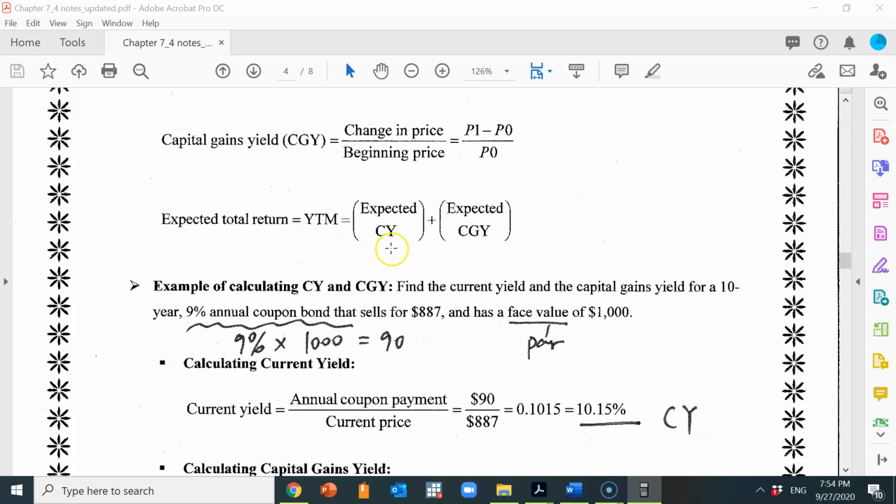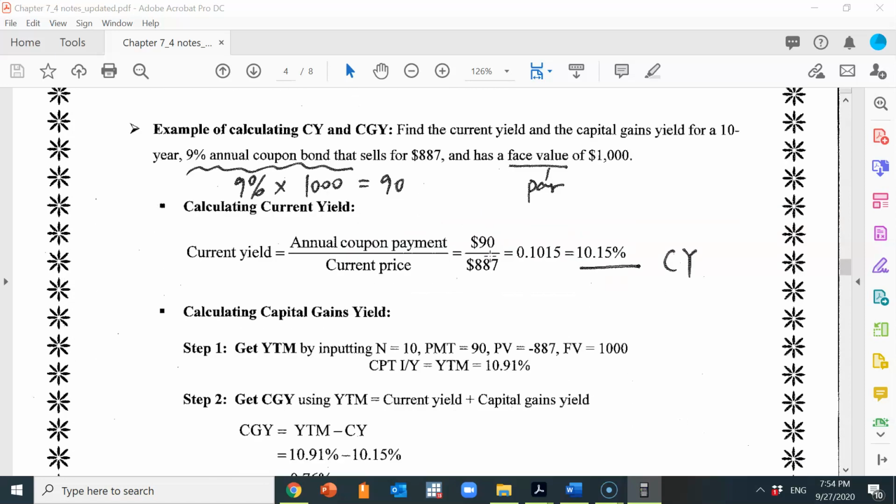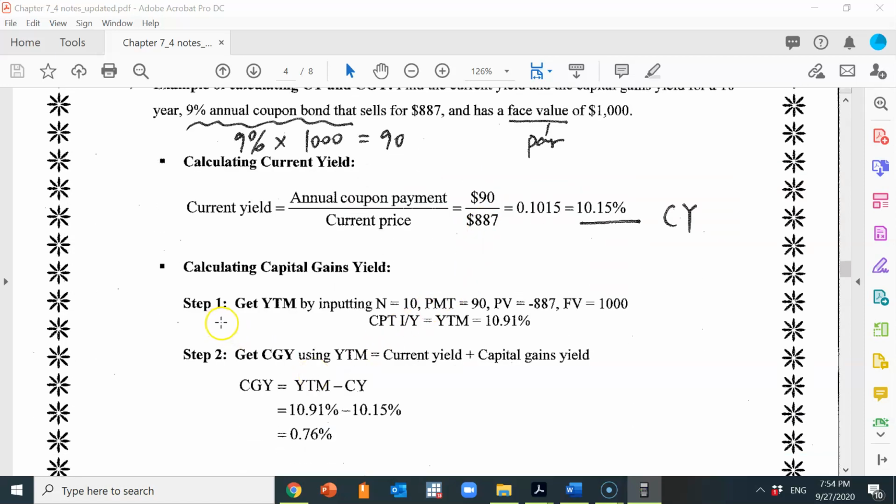Because we already solved for current yield, and we know that current yield plus capital gains yield is yield to maturity, we can just use yield to maturity minus current yield, so we have capital gains yield. So the first step here is to get yield to maturity. The second step is to get capital gains yield using yield to maturity minus current yield.